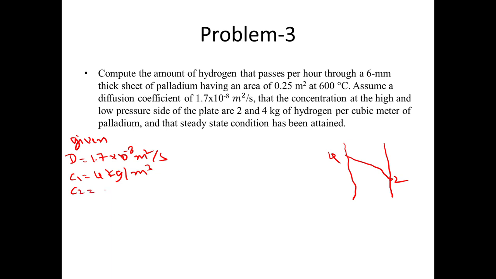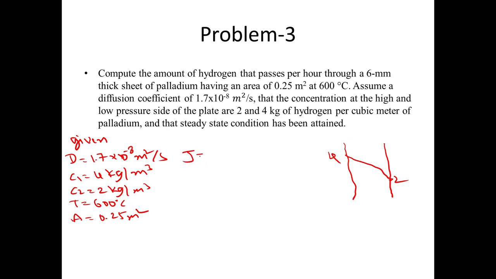C2 is 2 kg per meter cube. So temperature is given as 600 degrees Celsius, that is not related to us. And the area is 0.25 meter square.